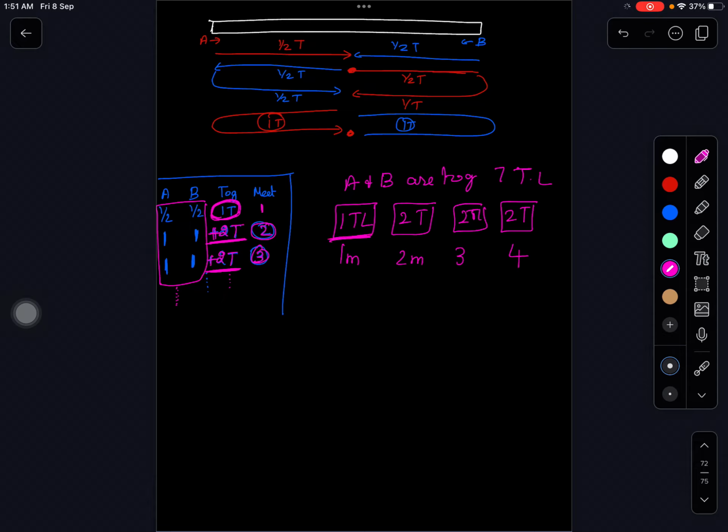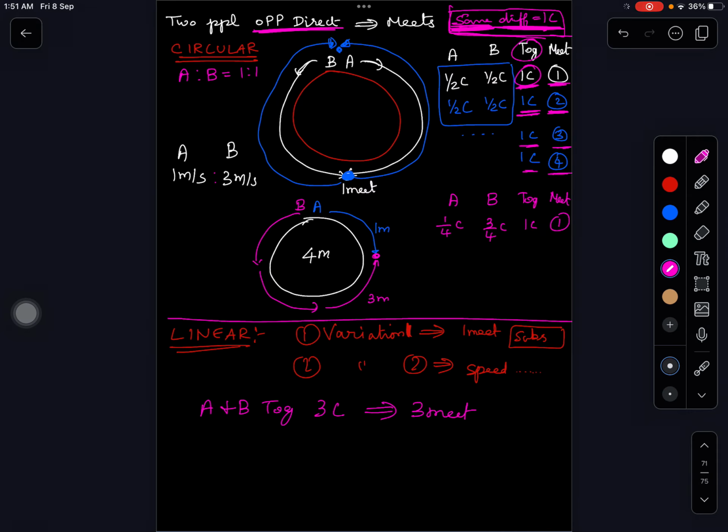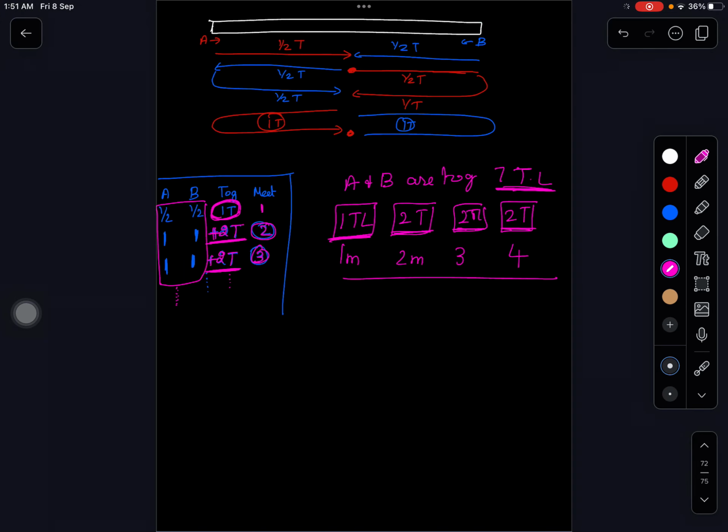So together they have covered 1 plus 2 plus 2 plus 2, 7 track lengths, and only now 4 meets are happening. So this is difference number 1 between circular track and linear track scenarios. Okay, now that this part is clear, I'll come back to the second variation later. Now let's look at some problems with respect to a linear track where two people A and B are traveling from opposite directions.